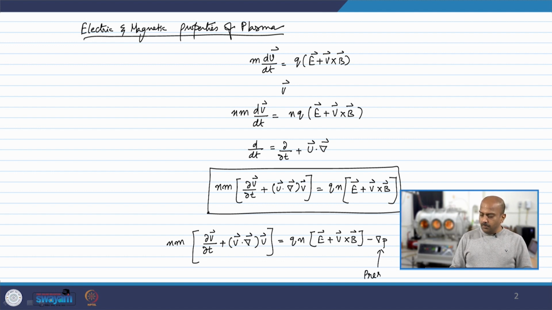This is called the pressure force. So, this is the basic framework.